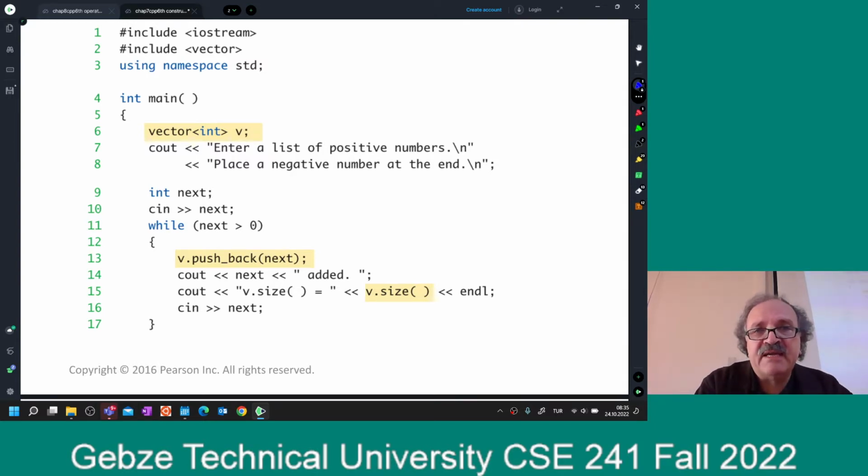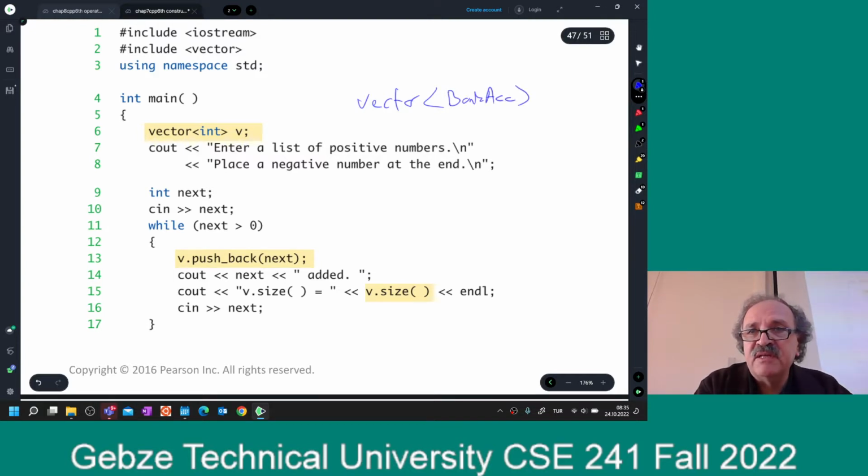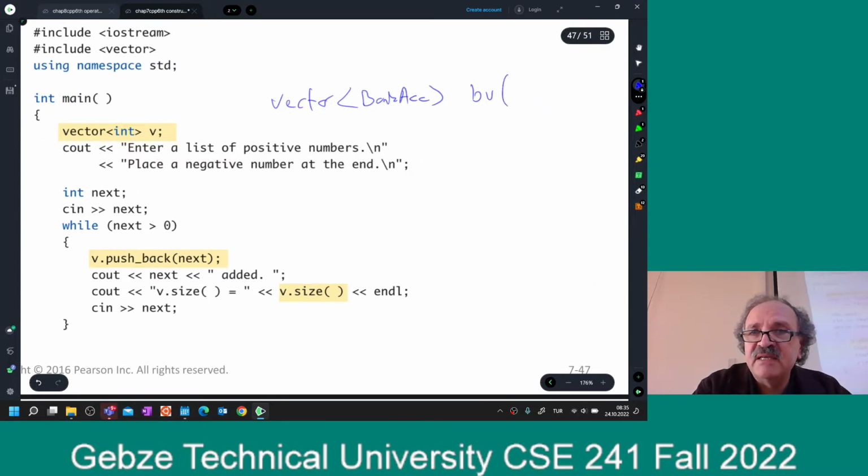If you say, let's say, vector of bank account, BV, and parentheses, not the square bracket, but regular parentheses, 10. This is again initialized.